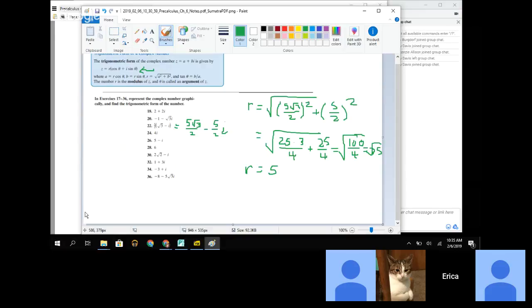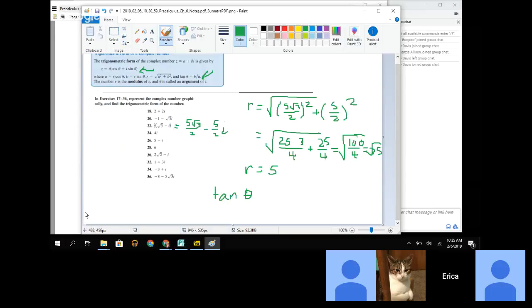Okay, so now I need to find my argument, my theta. You can find it a couple of different ways. I tend to just go right for the tangent because that's the easiest one. You could also find your theta by using one of the other two values, but I think it's easiest to remember this.